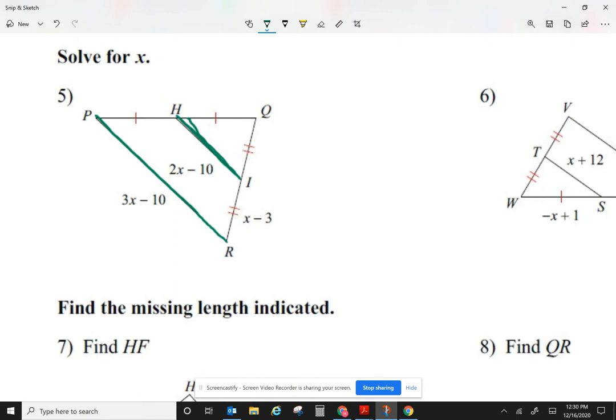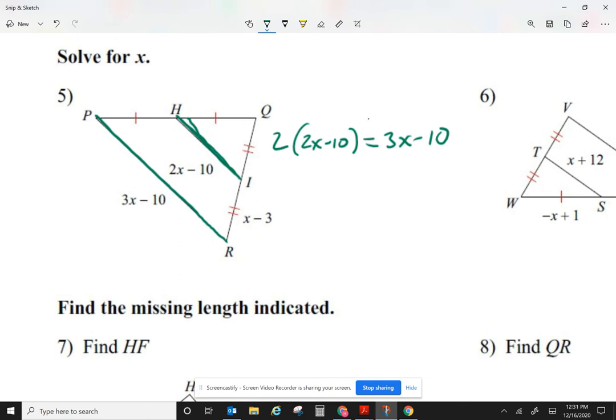So the way I'm going to solve this, the midsegment, let me write 2x minus 10 for the midsegment. I'm going to multiply by 2. Everything on the midsegment times 2 equals, in this case, 3x minus 10. The midsegment times 2 equals the side that is parallel to it.